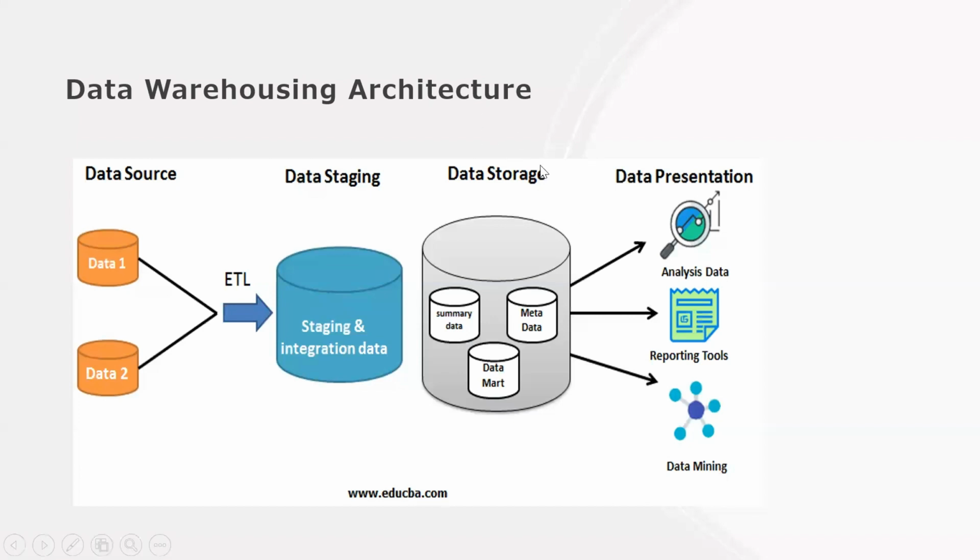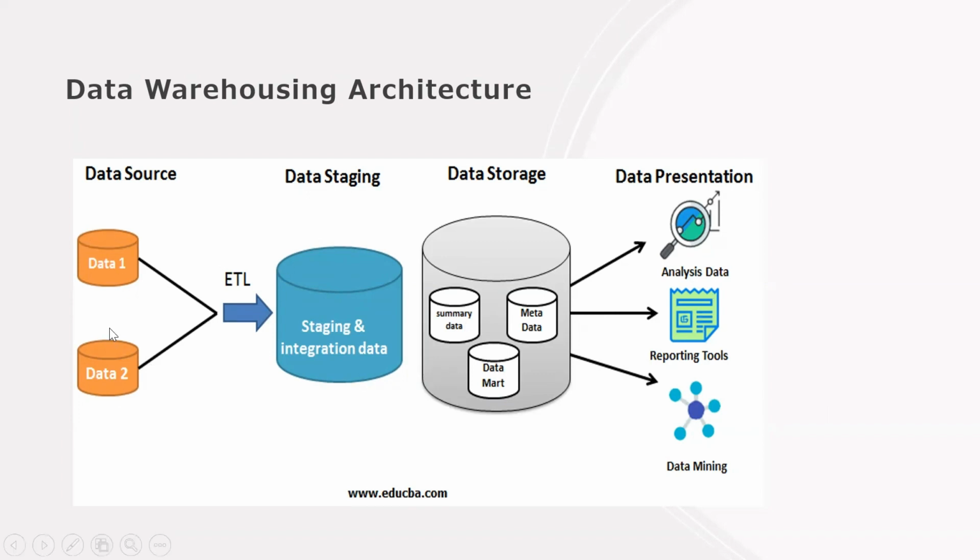Let's see the architecture of a data warehouse. We have discussed data sources, ETL processing, and the data warehouse. After that, how it is going to be used by the end user of that particular business. So this is the basic architecture, but the structure of the warehouse is going to change depending on the business.